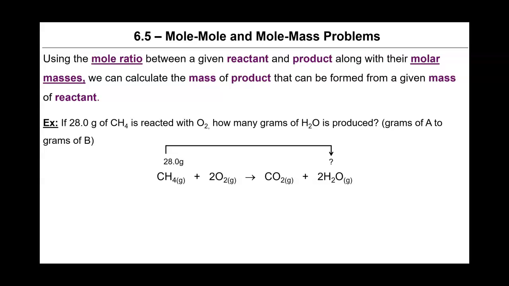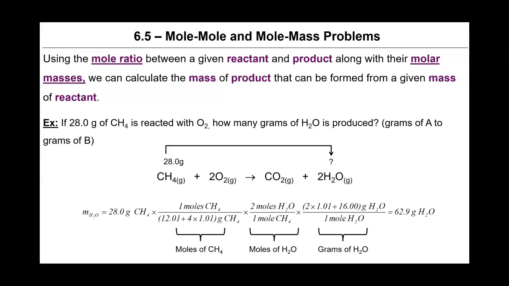So you can see here we're starting with 28 grams of methane, and we would like to know how many grams of water we can produce. And importantly, we can see that for every 1 mole of methane reacted, we produce 2 moles of water. So to calculate the mass of water produced, I'm starting with my grams of methane.